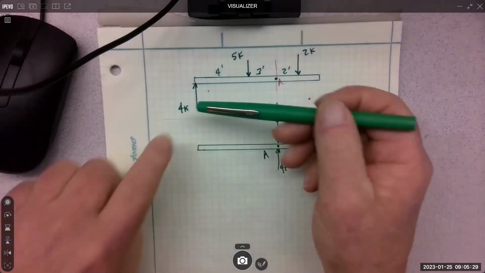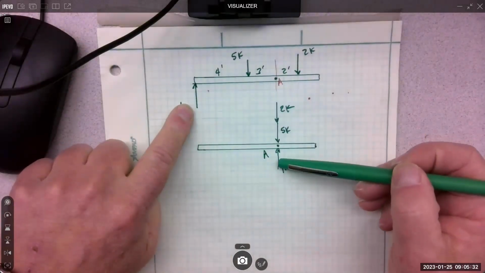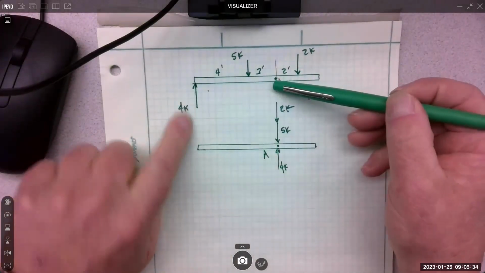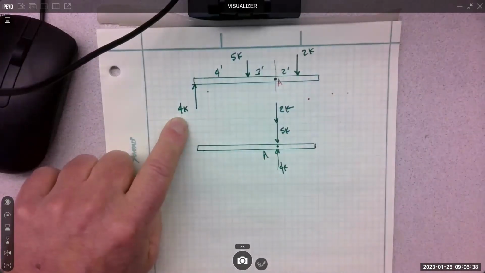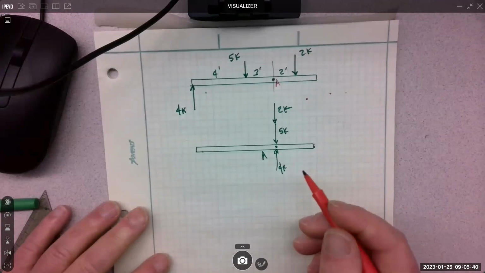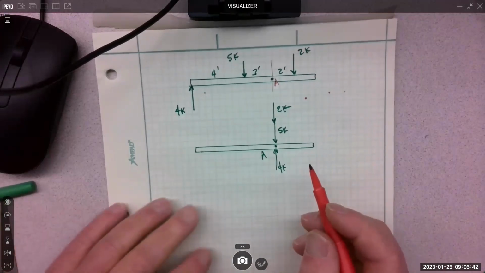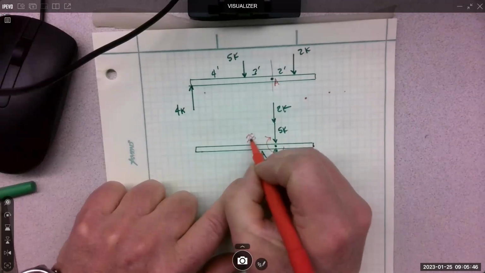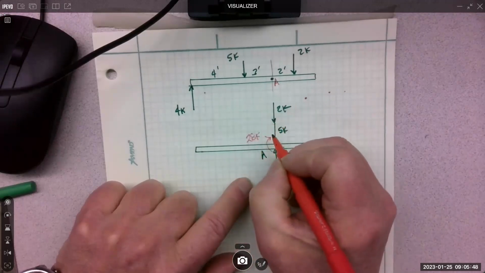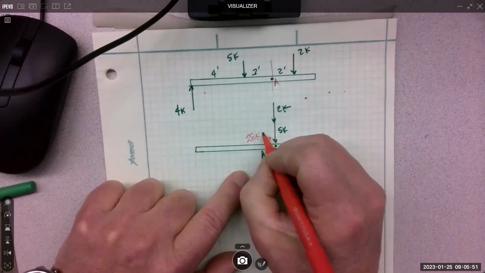So if I'm going to move 4K over to here, then I need that moment effect, which is what? 4 times 7? 28. Is it kip feet? Yeah.